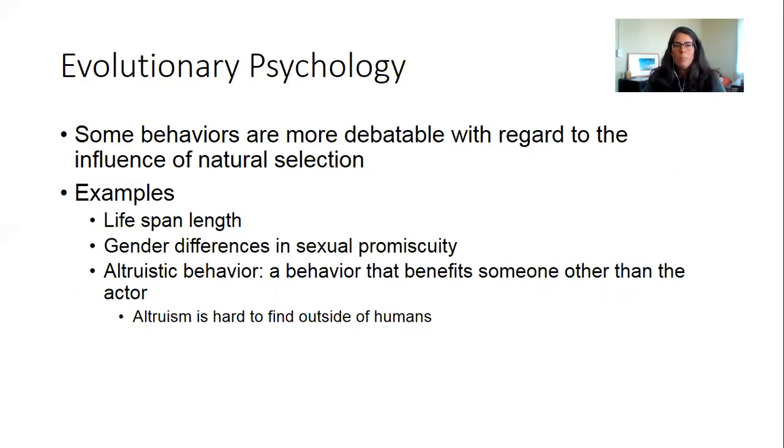Okay. And we can also talk about, I would rather say it as sex differences and sexual promiscuity as opposed to gender differences. But we can see examples of this as well. If we look at it in terms of cost and benefit to the individuals, and we think about the amount of resources that is invested very early on in offspring as a difference between the sexes, it helps us understand differences in sexual promiscuity.